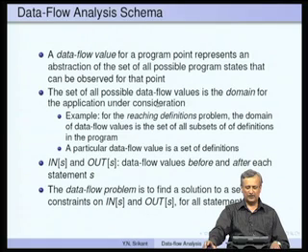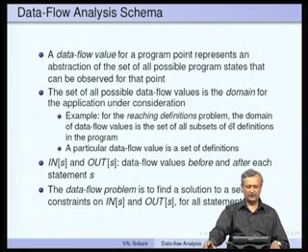The set of all possible data flow values is the domain for the application under consideration. The point is that the data flow value itself is an abstraction, and the set of all data flow values is the domain. Let us take a simple example. For the reaching definitions problem, let us say we are going to define this as the first data flow analysis problem very soon.